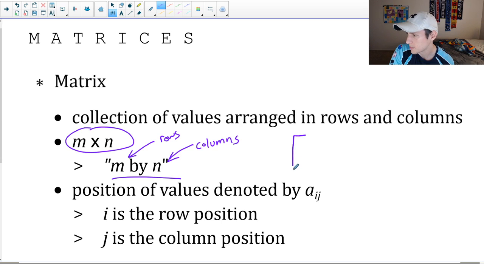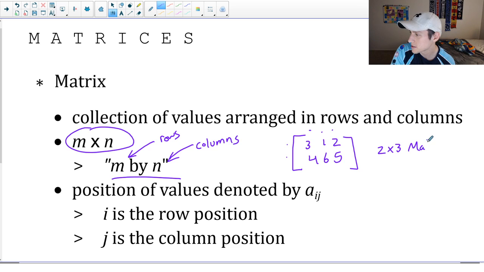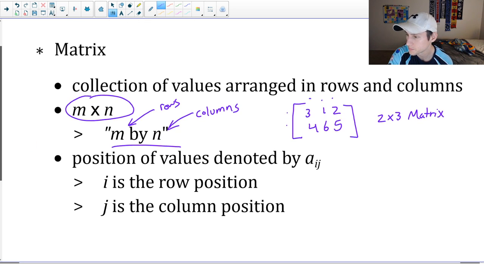For example, this matrix has 2 rows and 3 columns, so we would call this a 2 by 3 matrix. That's what we would call the size or the dimensions of the matrix. It's a 2 by 3. The rows is always the first number, columns is always the second number.